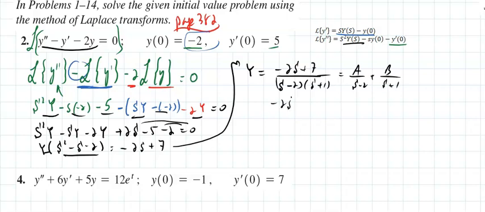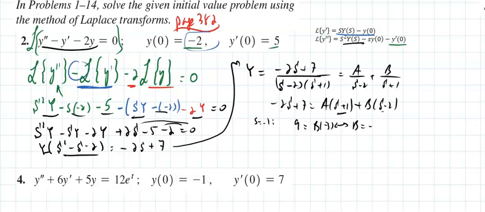So negative 2s plus 7 must equal a into s plus 1 plus b into s minus 2. Let s equal negative 1. I'll get 9 equal negative 3b. That indicates that b is negative 3.